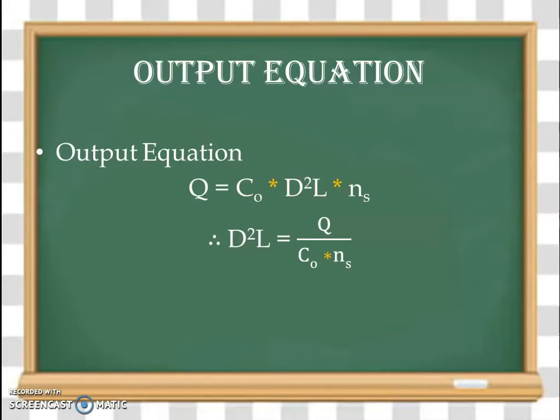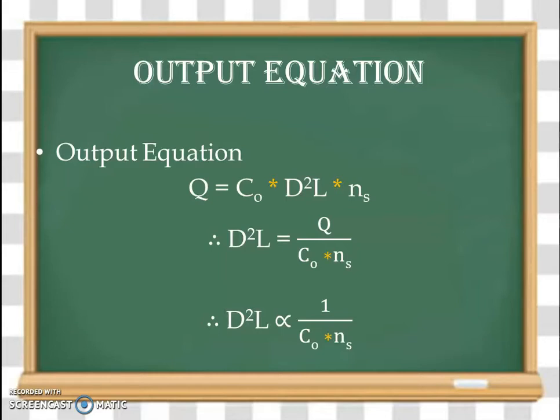So for any given rating of the synchronous alternator, the volume, D square L, is inversely proportional to the output coefficient and the synchronous speed.